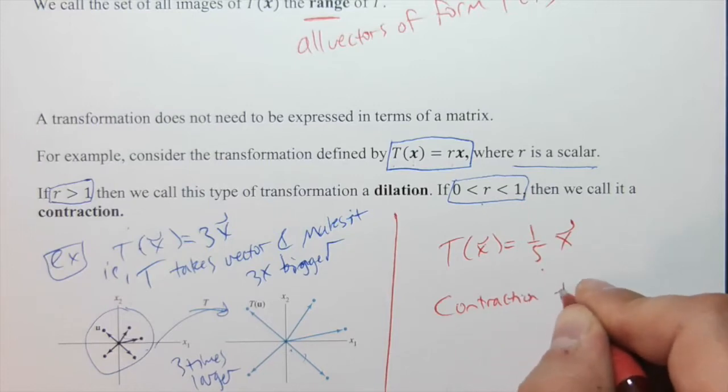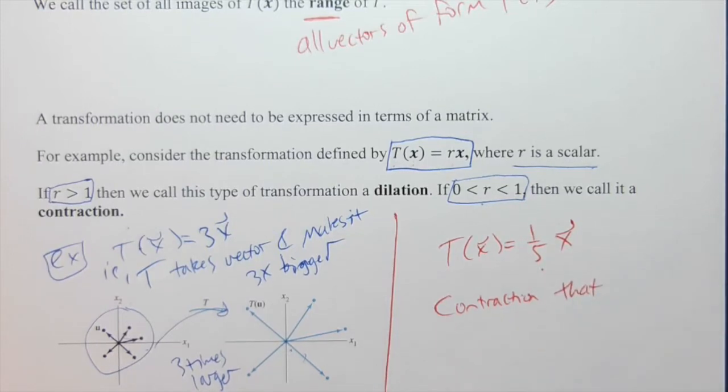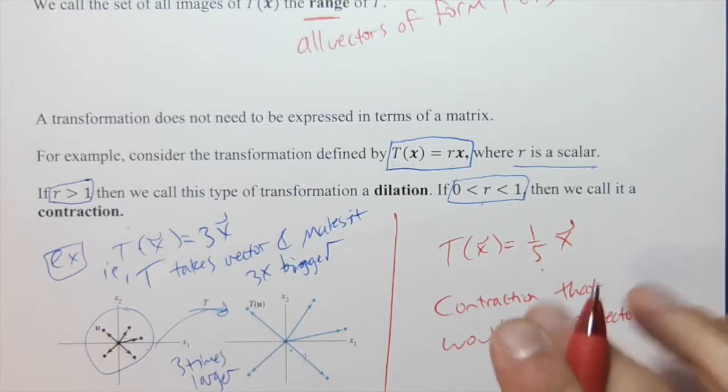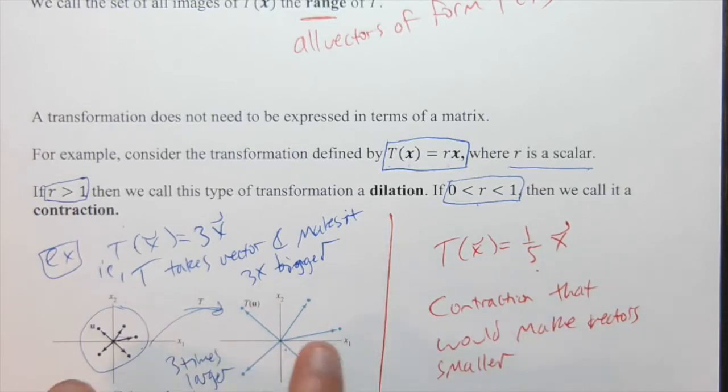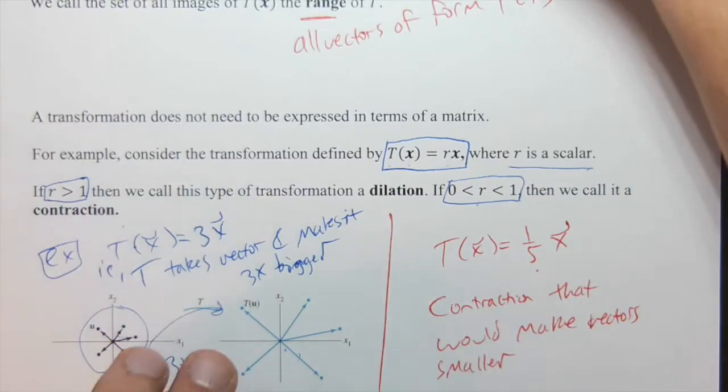In this case, it just makes everything smaller. So we're rethinking simple vector scalar multiplication as a dilation or contraction, where we're just shrinking or expanding vectors.